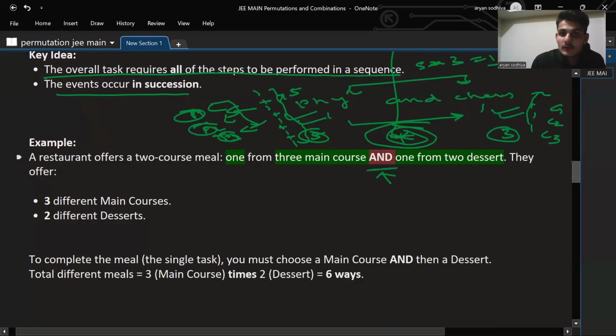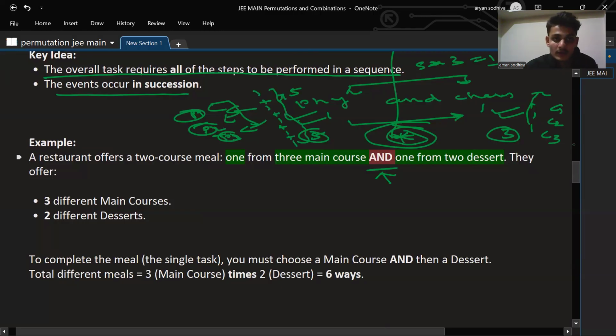Please note the keyword. Question reading is very, very important. If you understand the question, 50% of the problem is already solved. If you do not get the question, you have already reduced your marks, because the first step is question reading. If you miss that step, there's no point in moving ahead.